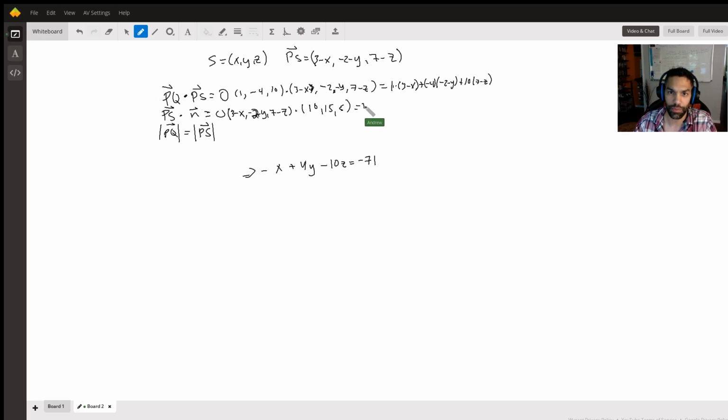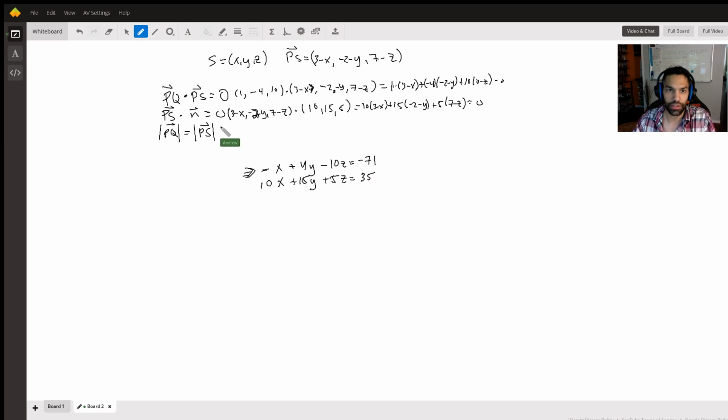So that's the same idea: 10 times 3 minus x, plus 15 times negative 2 minus y, plus 5 times 7 minus z, and that's all equal to 0. Then once we simplify everything down, that gives us 10x plus 15y plus 5z equals 35.